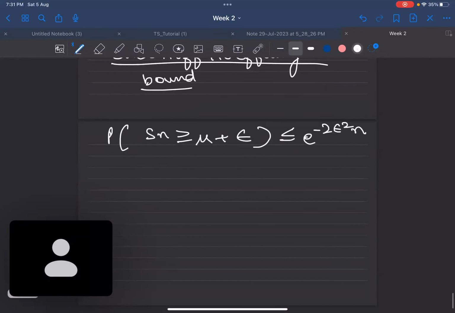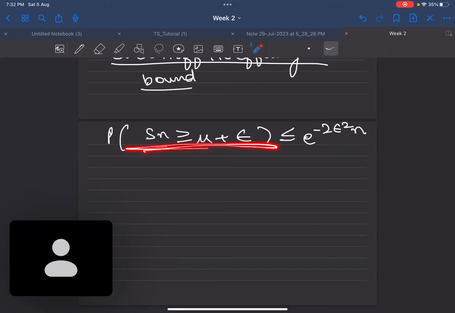What is S_n here? S_n is the current mean that we are calculating, the estimated mean. What is mu here? True mean. What is epsilon here? It's the error, an arbitrary constant greater than or equal to 0. Can I say it as error? Yes, ma'am.